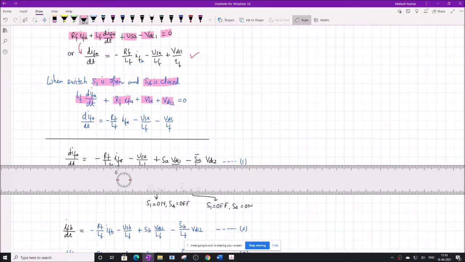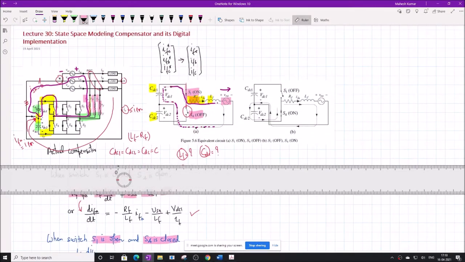You can see it here, the diagram. This is the diagram when S1 is off and S4 is on. So this is on here, this is closed, and this is off here. Therefore, current will flow like this in the same direction. This one comes back here, goes here, and comes back here. This is a complete path.